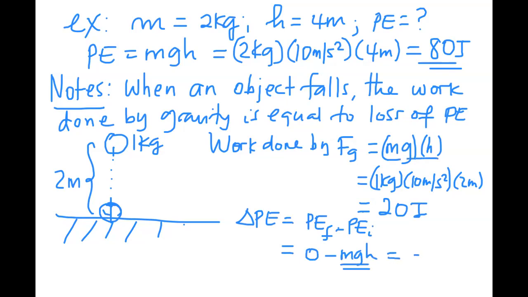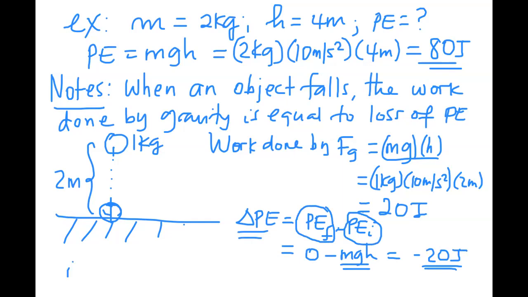So that gives us minus 20 joules. The change in potential energy is negative because we are losing energy. In other words, we are starting with a higher potential energy and ending up with a lower potential energy, so the change will be negative. So there is a loss of potential energy of 20 joules.